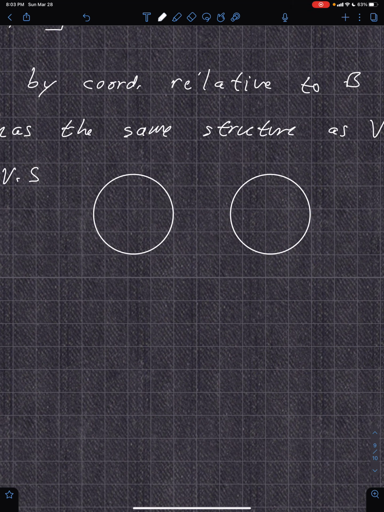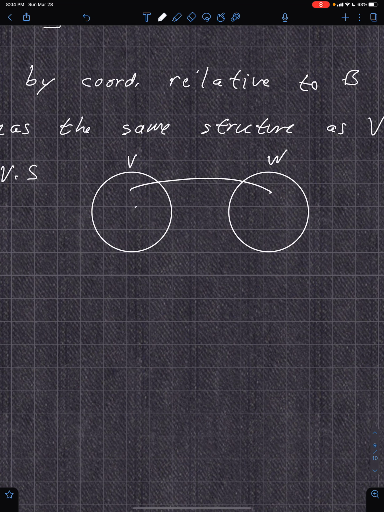When you set up this correspondence from V to W, you have a one-to-one correspondence, and it maps everything onto. So we call that one-to-one and onto.